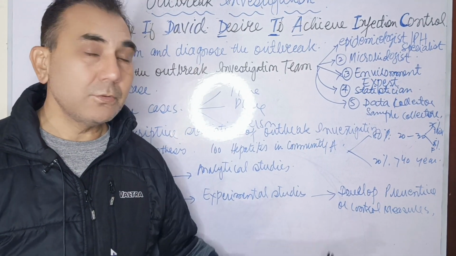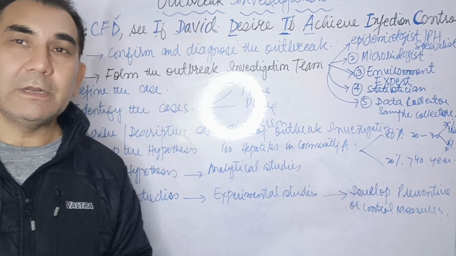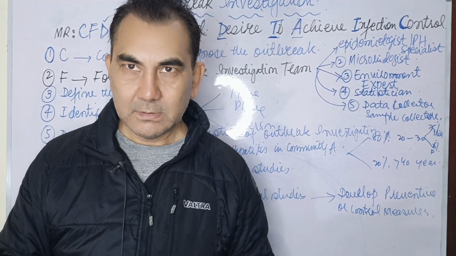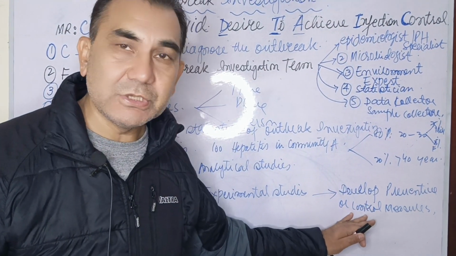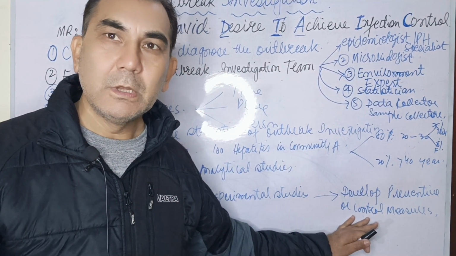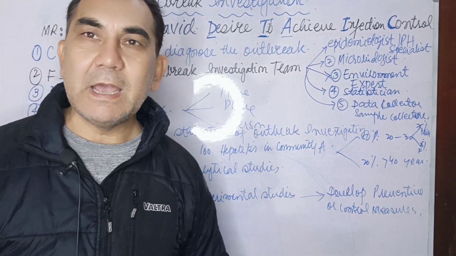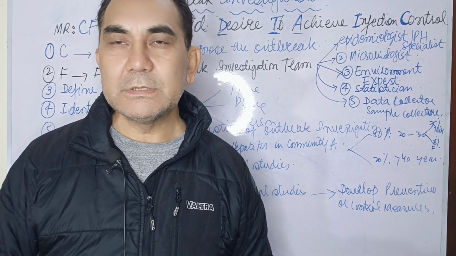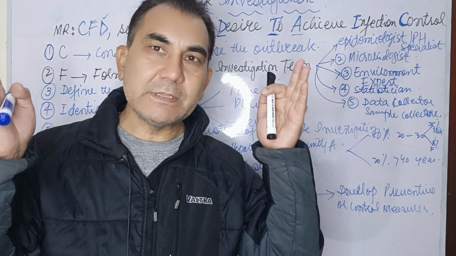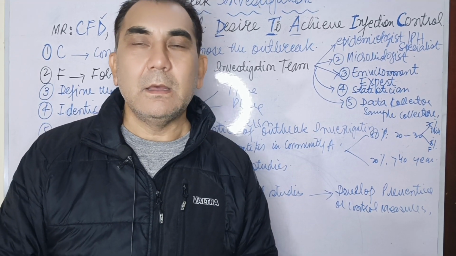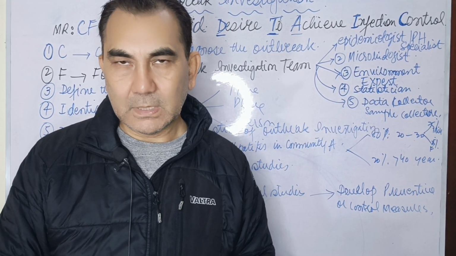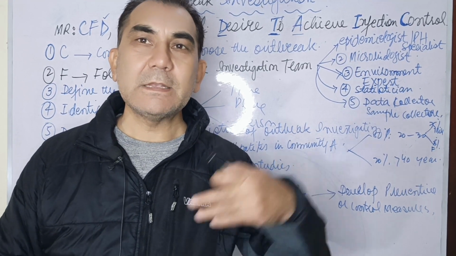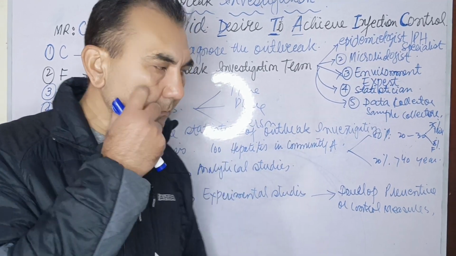And through these controlling measures, you will control that particular outbreak, because these controlling measures which you proved through the experimental study design will reduce the number or the proportion or the percentage of that particular outbreak in a particular community or group of people, in the experimental group as compared to the control group.